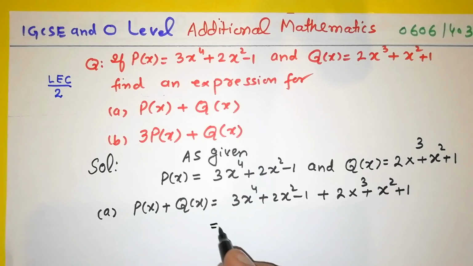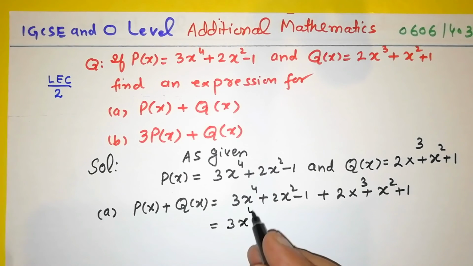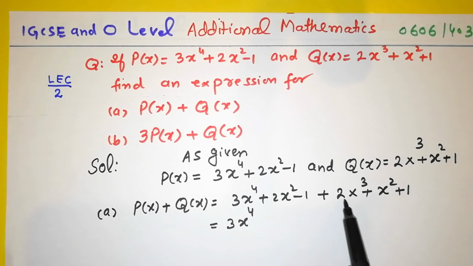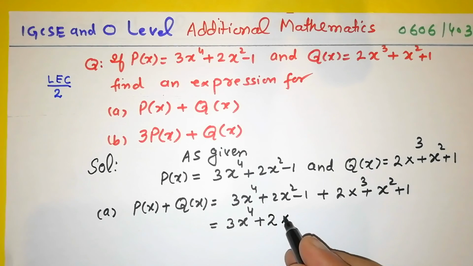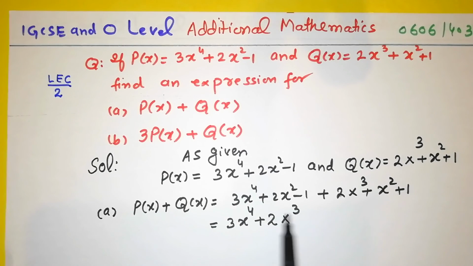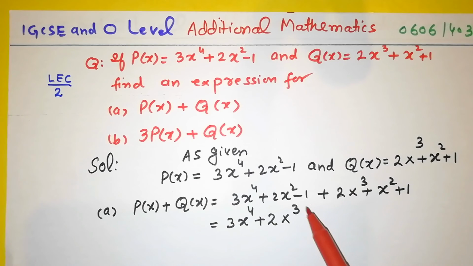So this is 3x^4. Now see students, there is a third degree term, that is 2x^3. This is only one term, so we write it as it is in the answer. And there are two terms, 2x^2 and x^2. These two are like terms, and we collect these two terms.